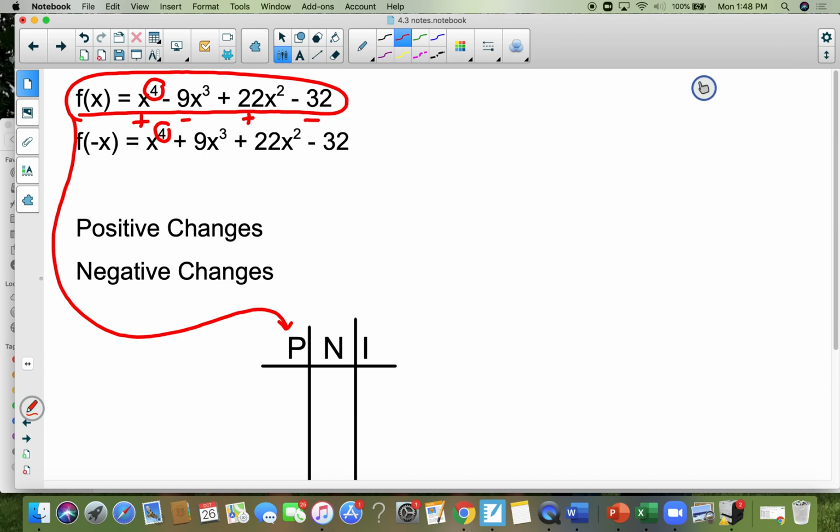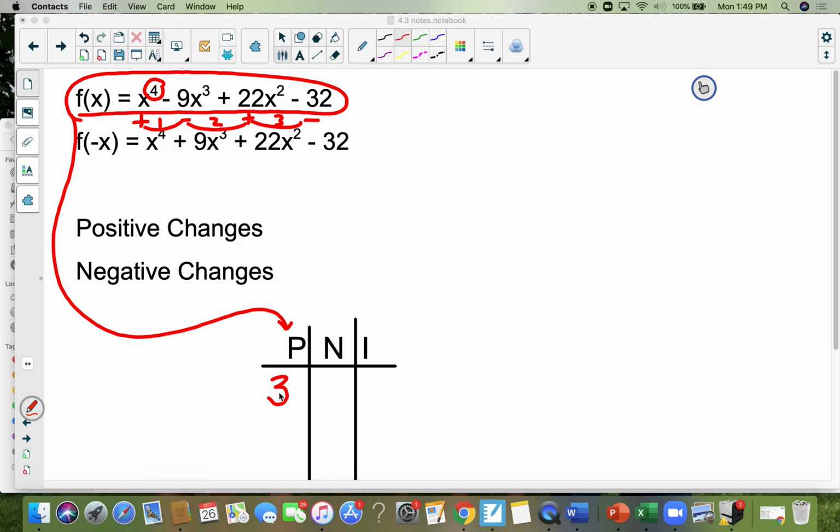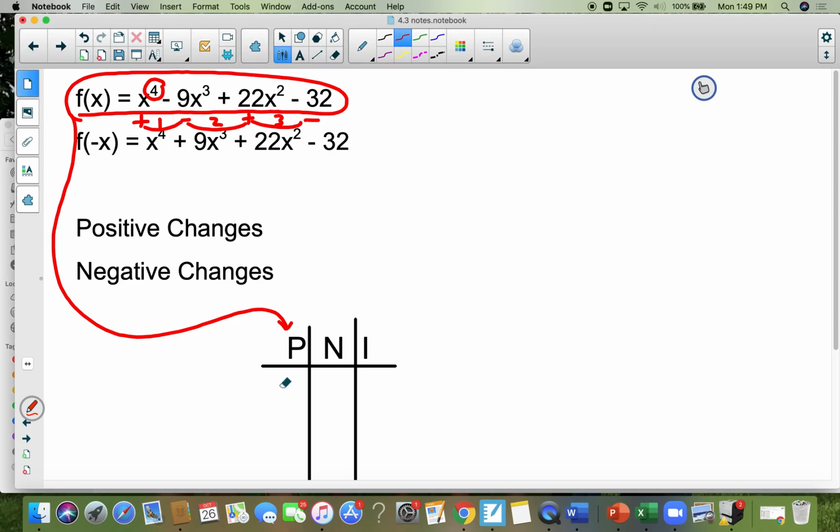So when I went from a positive to a negative, I changed once, negative to positive twice, positive to negative 3 times. So this needs to be a 3. I'm going to put it right here for now. This is where it gets a little confusing.